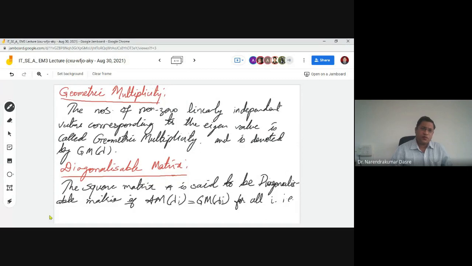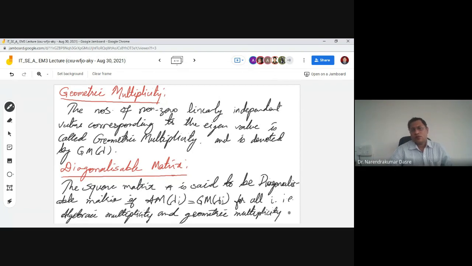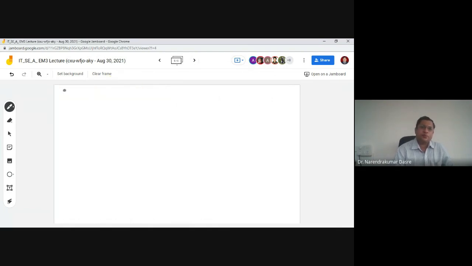That is, the algebraic multiplicity and geometric multiplicity are the same or equal for all eigenvalues.